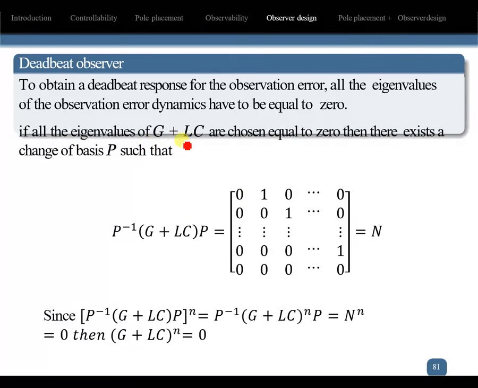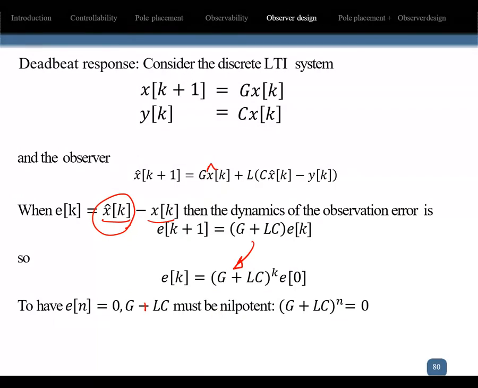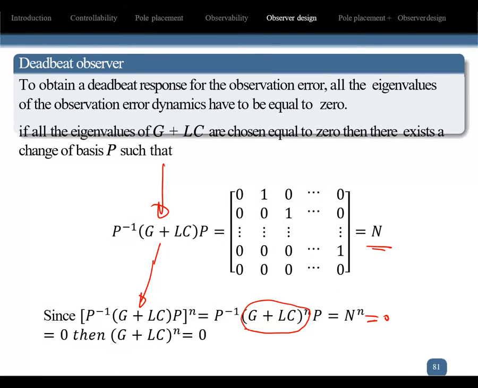If all of the eigenvalues of J + LC are chosen equal to 0, then there exists a change of basis P such that P inverse (J + LC) P is equal to this matrix, and this is nilpotent of order n. If you raise it to the power n, then P inverse (J + LC)^n P is equal to N^n, which is equal to 0. Then (J + LC)^n is equal to 0.